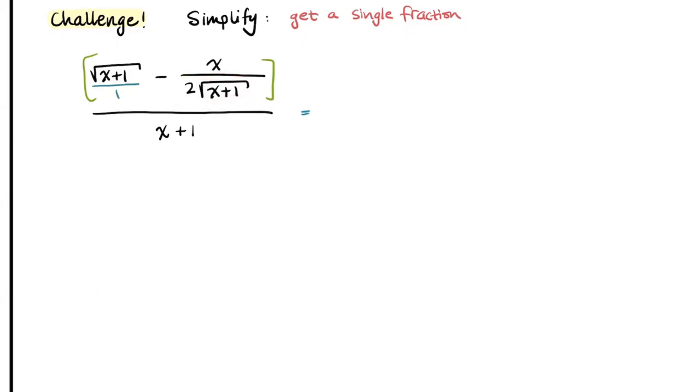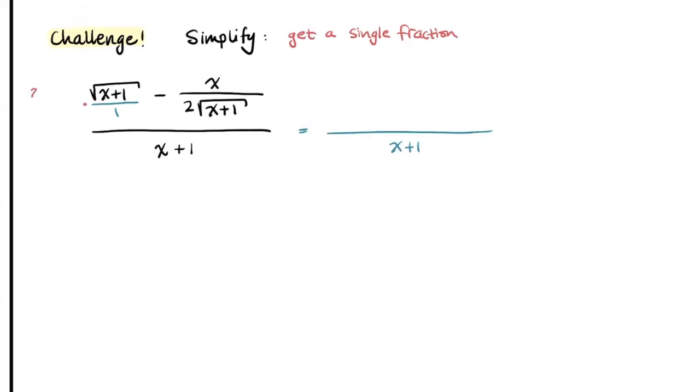So I'm just going to make sure I don't lose this piece here, so I'm just going to write that because we're not working with that yet. Okay, and what we're going to do is multiply the first fraction here by 2 radical x plus 1 over 2 radical x plus 1.